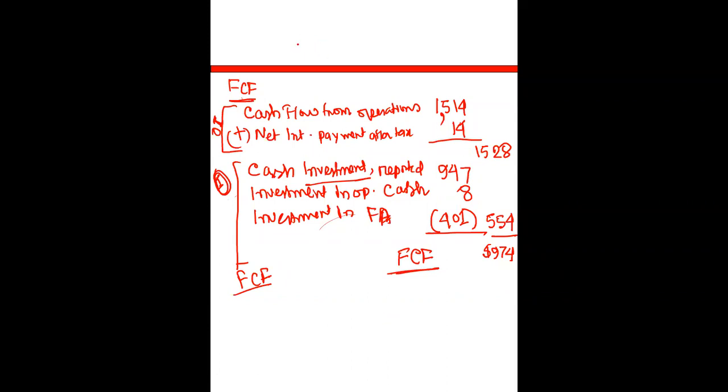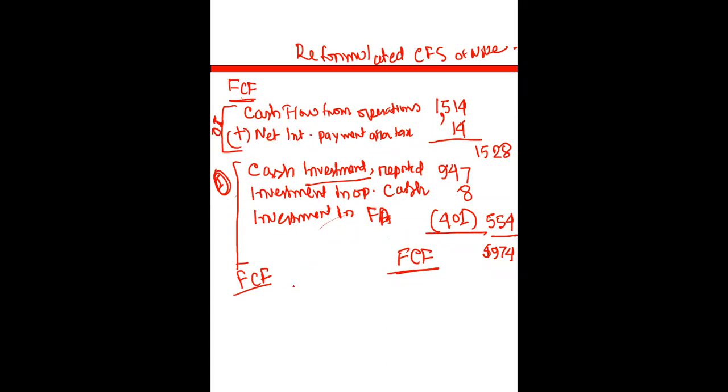What we're doing here, do not forget, we are making the reformulated cash flow statement of Nike. Okay. So this is from the perspective of the difference between the operating cash flow and the investment in operations.